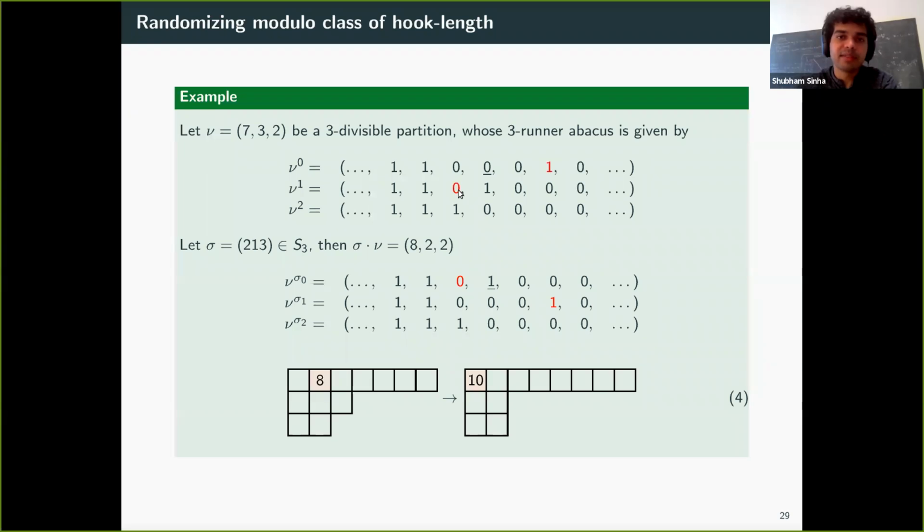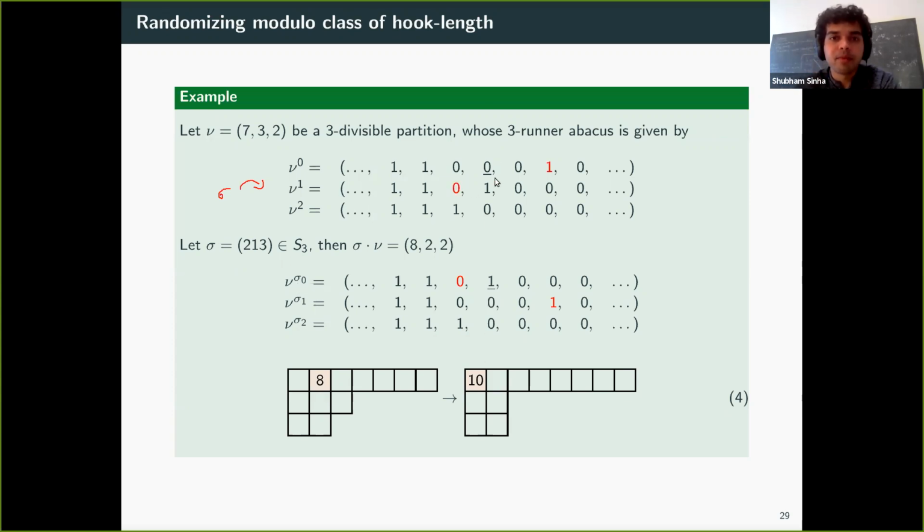So if you take 1 and 0, and remember this, the pair 1, 0, and then when you act with certain sigma on this tuple, the positions will change, and it will correspond to different cells because of different partitions.